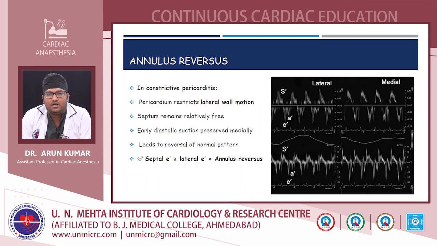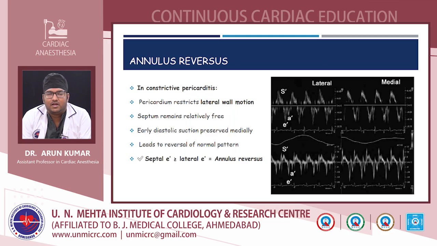Next comes annulus reversus, which is a pathognomonic sign of constrictive pericarditis. In a normal heart, the lateral mitral annulus moves more, so lateral E prime is greater than septal E prime in tissue Doppler, because the lateral wall is more free to expand. With the rigid pericardium in constrictive pericarditis, the longitudinal motion of the lateral annulus is reduced, while the septal motion is preserved or exaggerated.